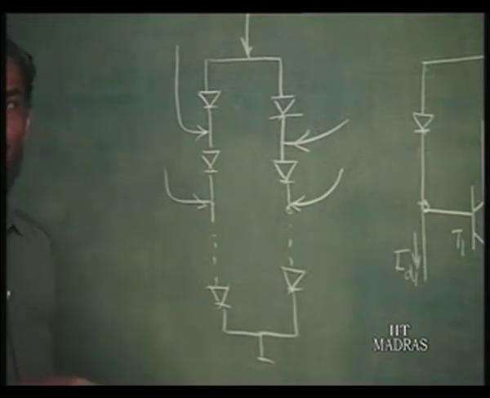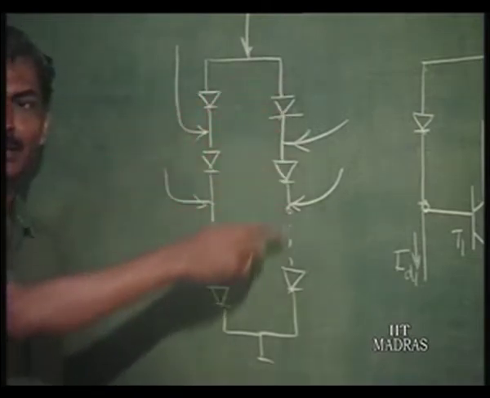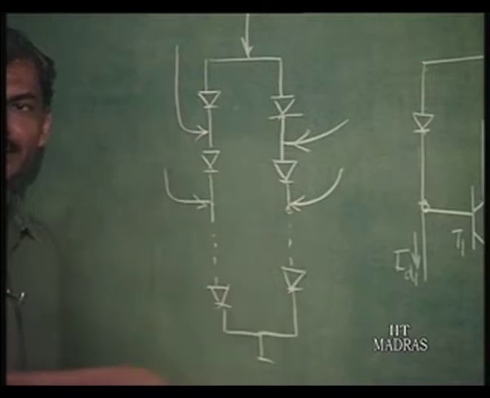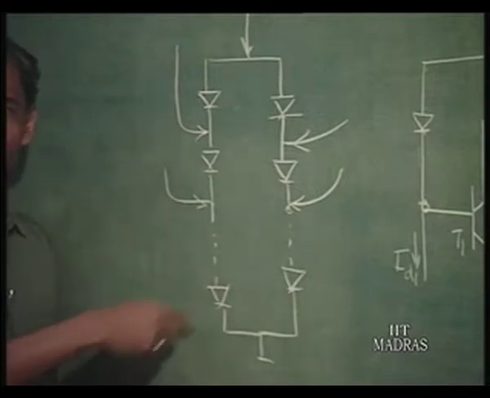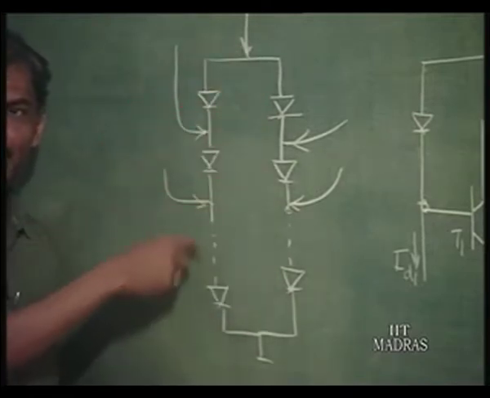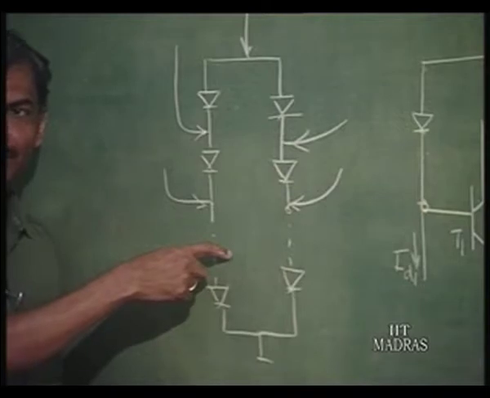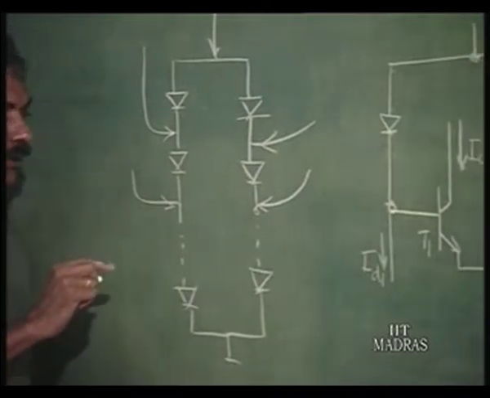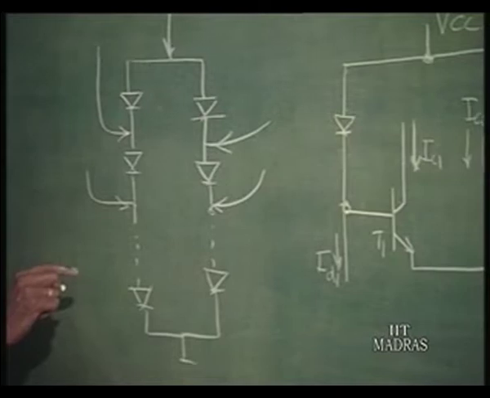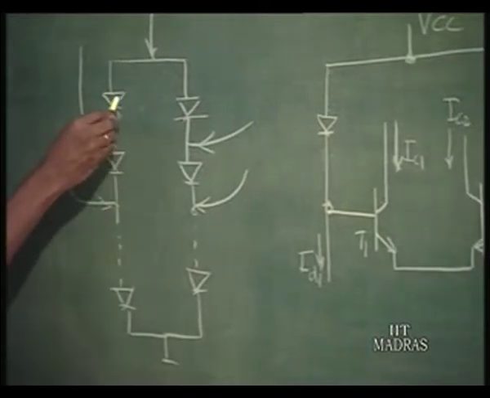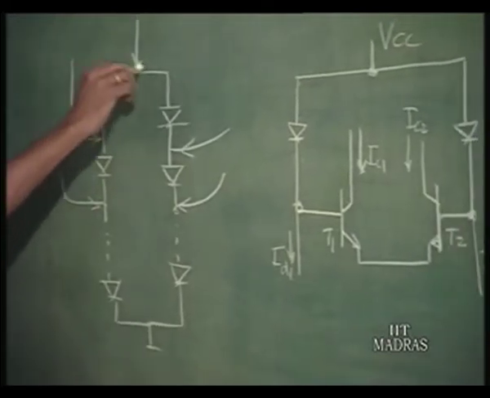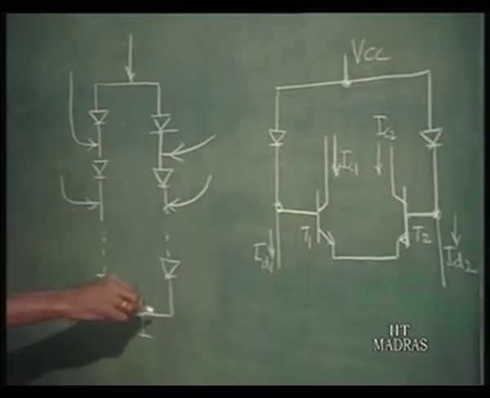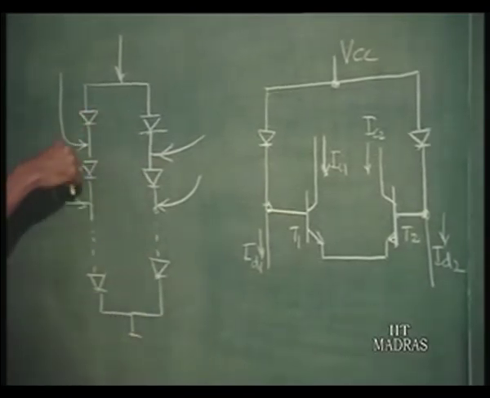Then Kirchhoff's voltage law is valid here, that the total voltage in this is 0. Summation of all the voltages in this should be equal to 0. What is required in this translinear principle is that the number of diodes connected in the clockwise manner, let us say these are all clockwise forward biased, these are anti-clockwise forward biased, these numbers should be the same.